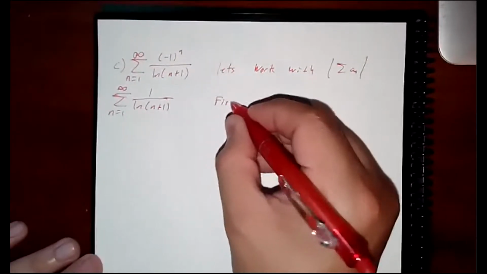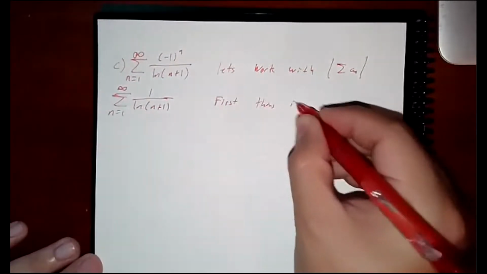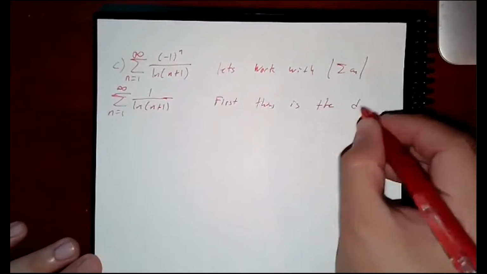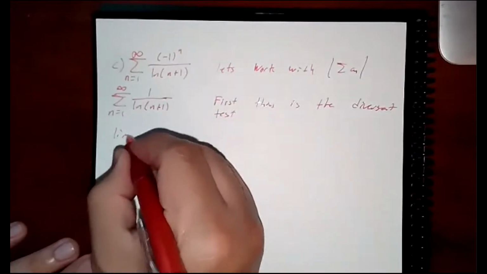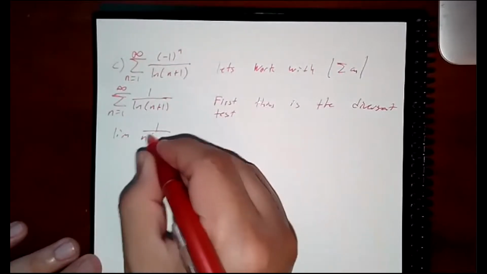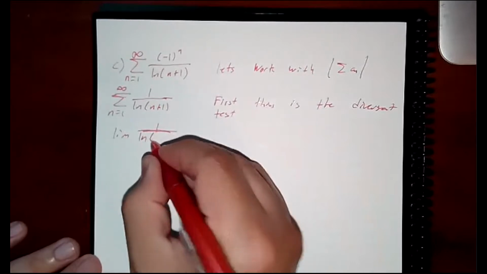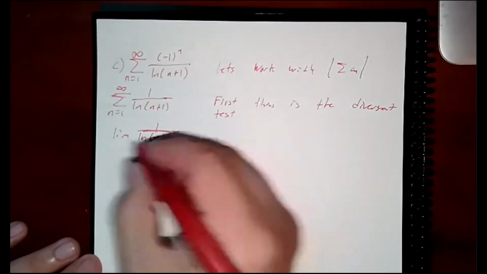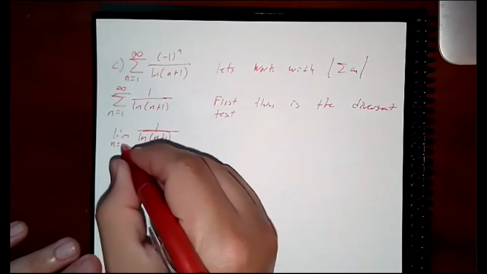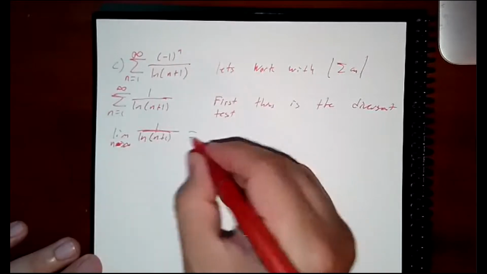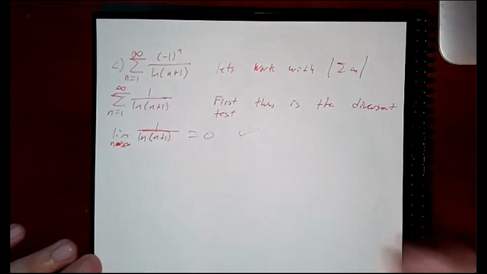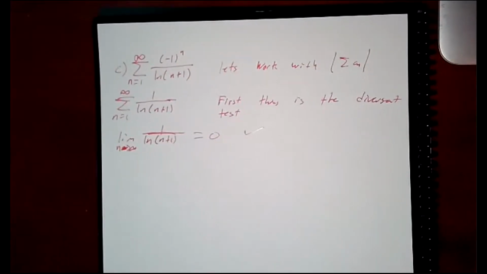First thing you always do is the divergent test, meaning you take a limit of this guy and check if it goes to 0. And it does, right? So that means the divergent test told us nothing. But it did meet the first condition.